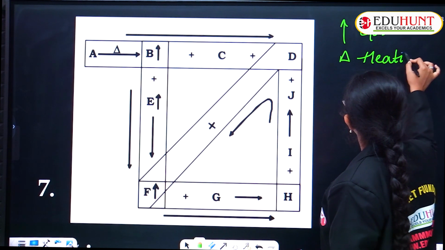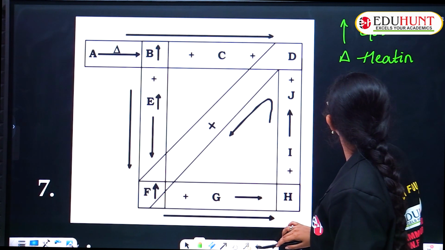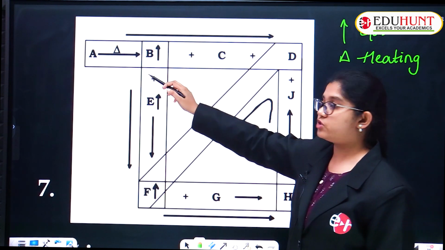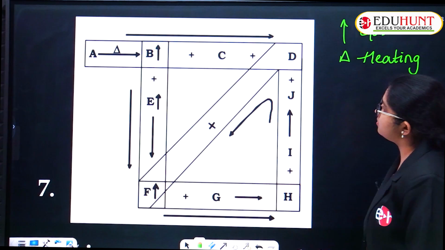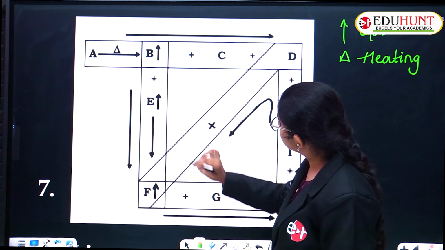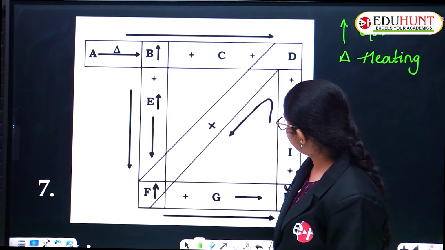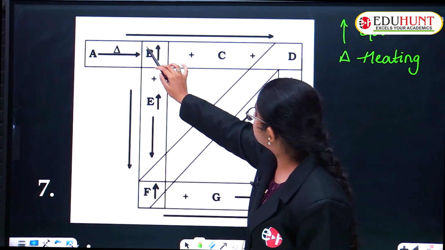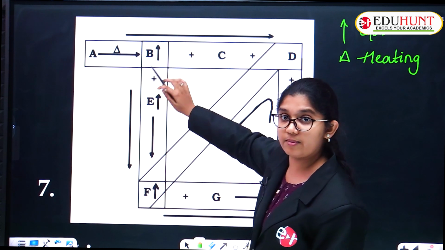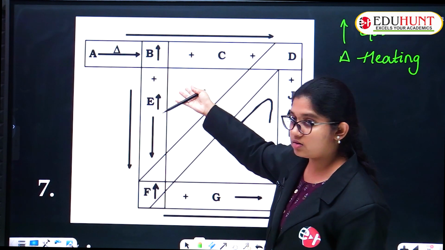So B is a gas, and A upon heating gives rise to B, C and D, and B plus E gives rise to F. So these three, B, E, F, are gases. The reaction goes like this, and this is the upward arrow mark. This is all about the equation arrow mark, not about the gas and reactants and products, reversible, not that.